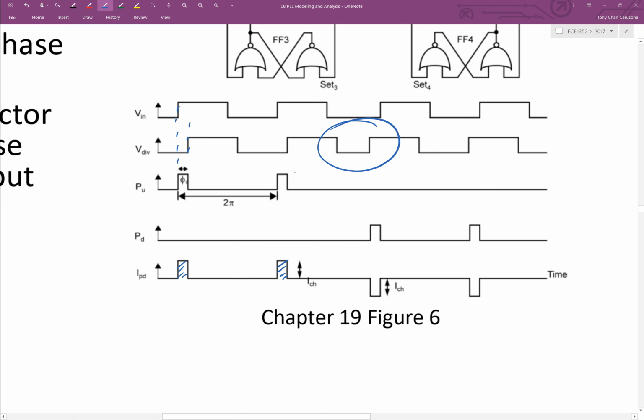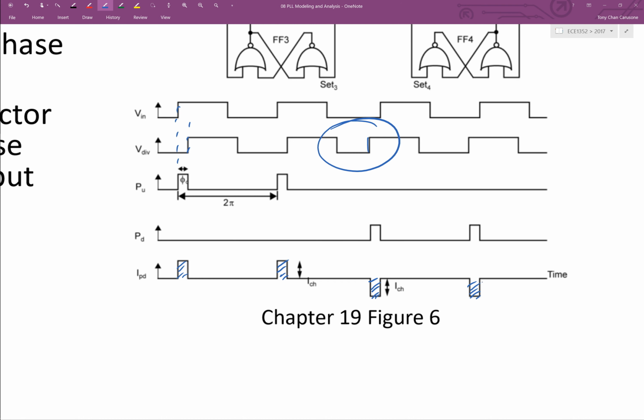The divided down clock changes. The VCO maybe got messed with. Somebody changed the control voltage on the VCO. So the phase changed abruptly in the divided down clock. And now all of a sudden it's leading the reference. So we start getting negative phase error and then therefore negative charge coming out.